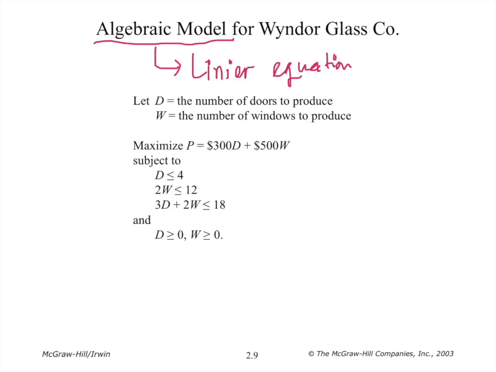Okay, we choose D as the number of doors to produce, and we choose W as the number of windows to produce.